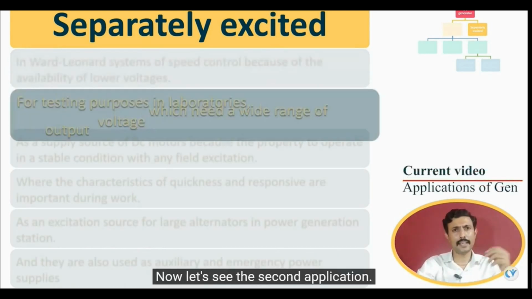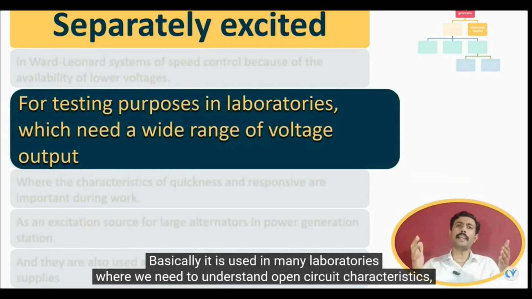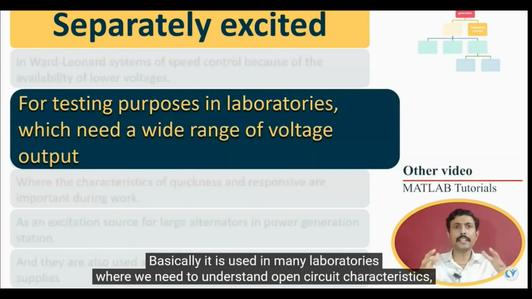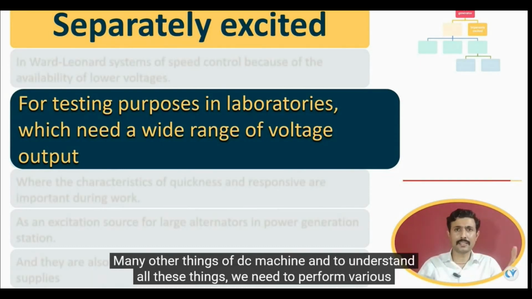Now let's see the second application. Basically, it is used in many laboratories where we need to understand open circuit characteristics, speed torque characteristics, and many other things of DC machines.